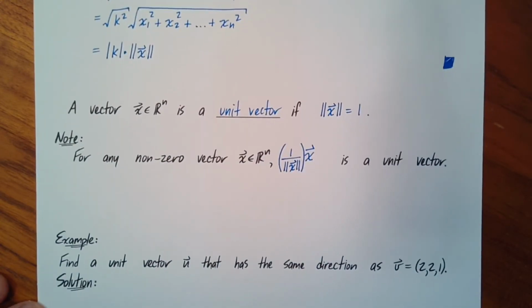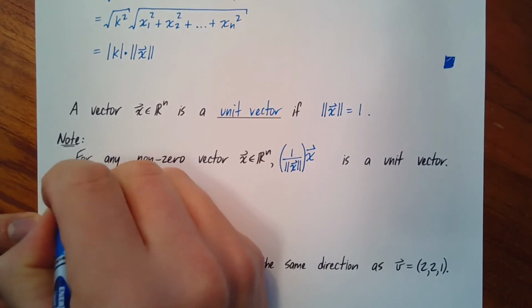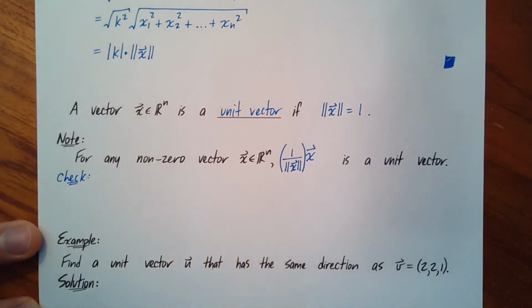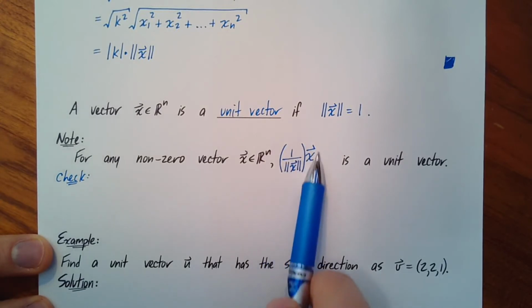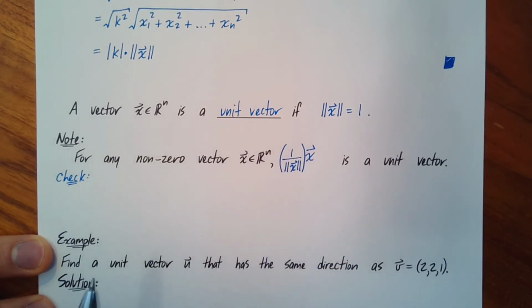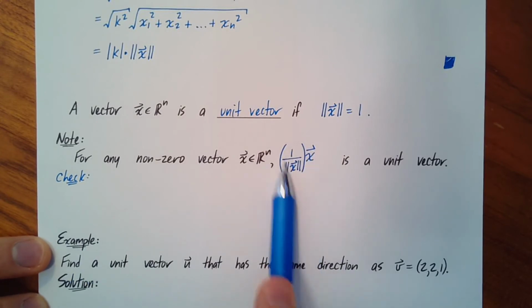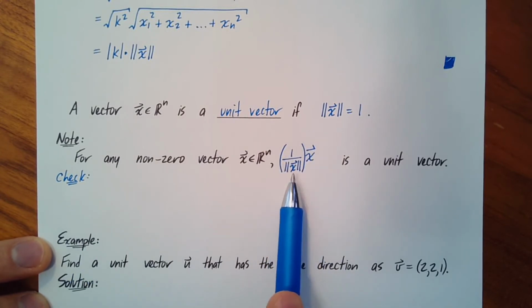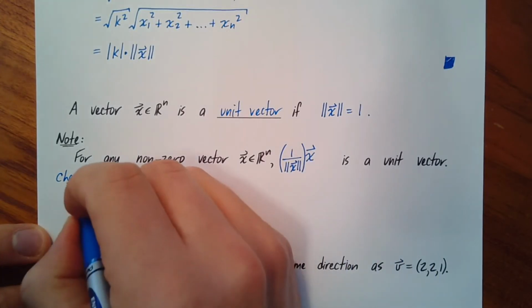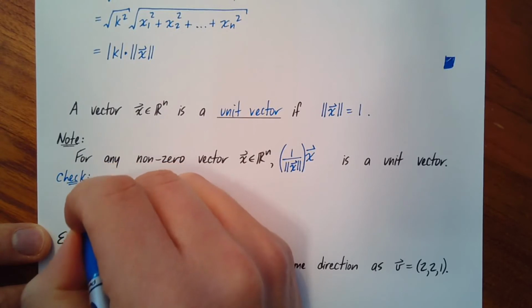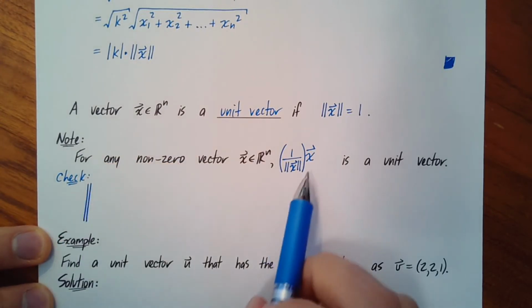Let's check why that works. Let's check that. It actually only takes one line to do it. So how would you check it? How do you check that this is guaranteed to be a unit vector if you don't know what the vector x is? Well, let's write down its length and see if we get 1. You might be able to calculate it. In this case, you can. So if we want to show that this is a unit vector, we have to show that its length is equal to 1. So let's write down its length. I'm going to have to do big, tall bars here because there's a lot of notation here.